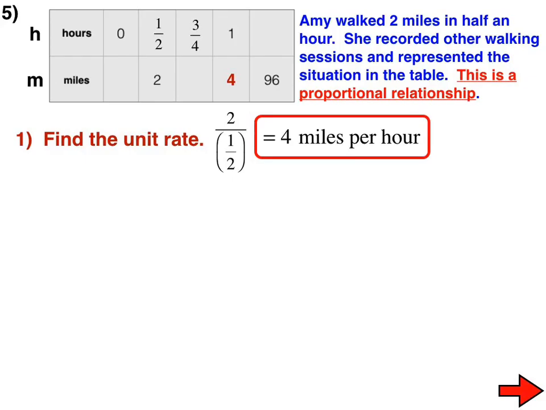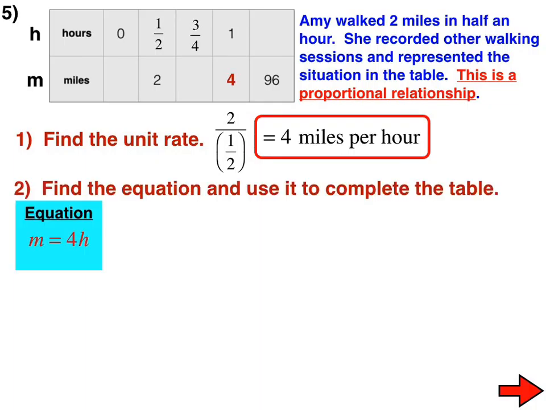Now that I have k equals 4, what's my equation? Using m and h. Grace. M equals 4h.